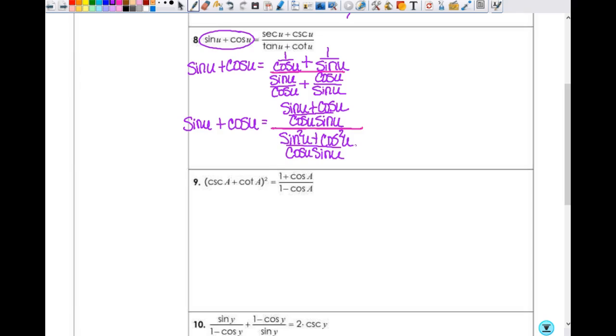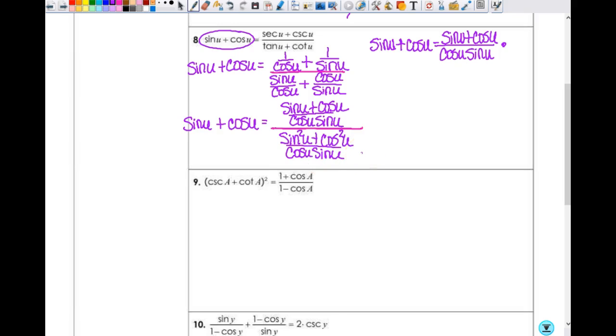So now the denominator just has one term. It has a lot of stuff going on, but it's just one big term down there, right? So now I can multiply by the reciprocal. So I'm going to rewrite the left-hand side. Sine u plus cosine u equals, and then I write the numerator, which is sine u plus cosine u over cosine u times sine u times, and I'm going to multiply by this reciprocal.